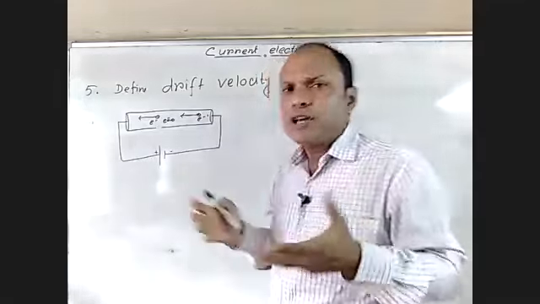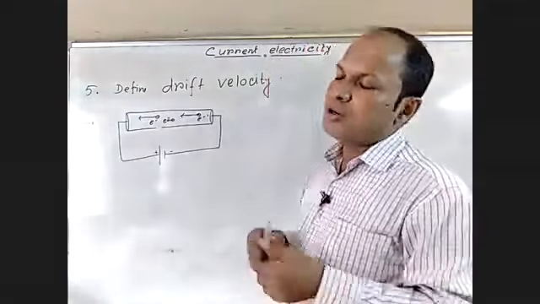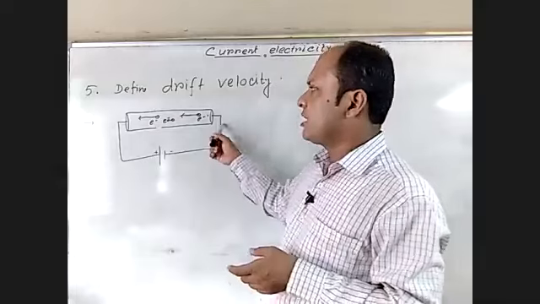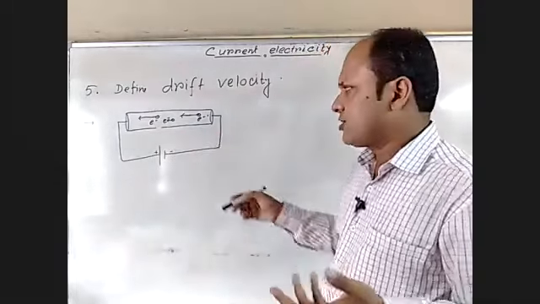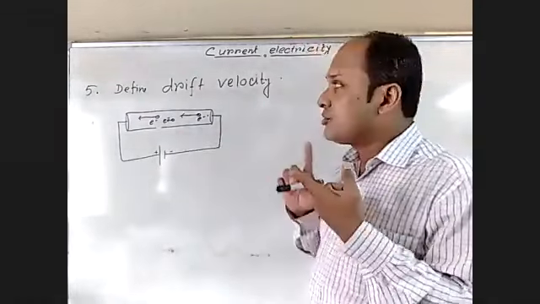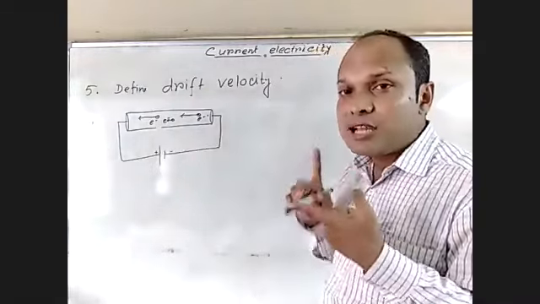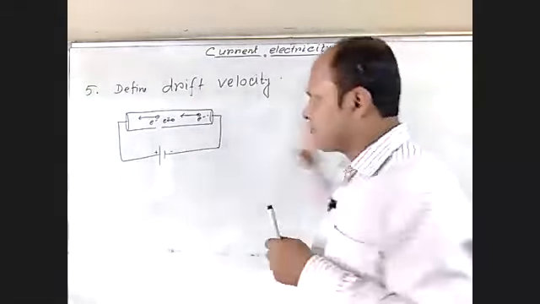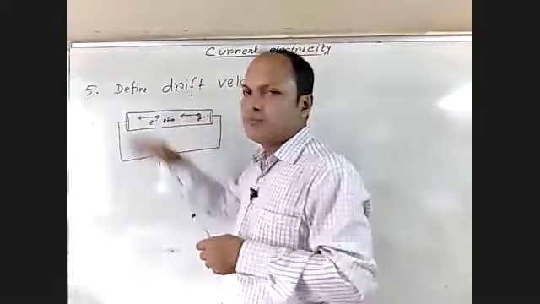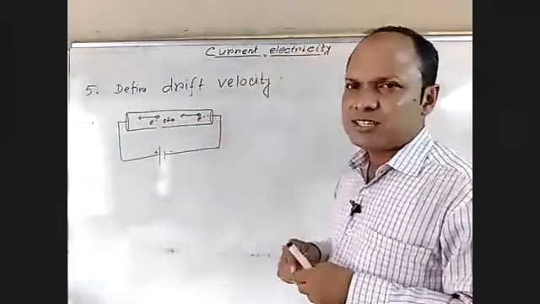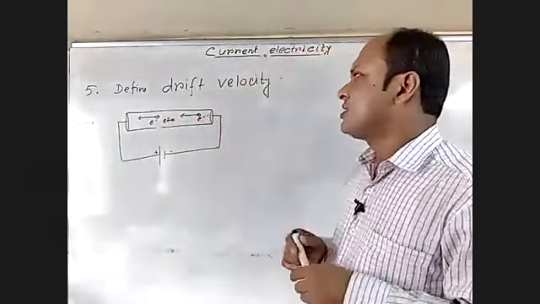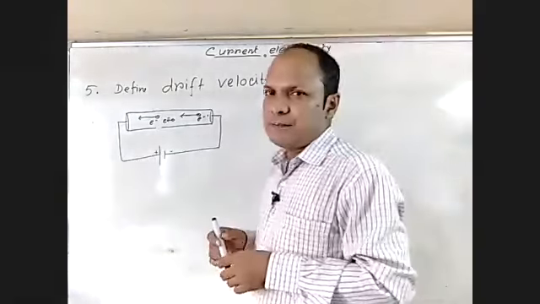This new velocity developed in the electrons or ions due to the application of the external field or force is called drift velocity.